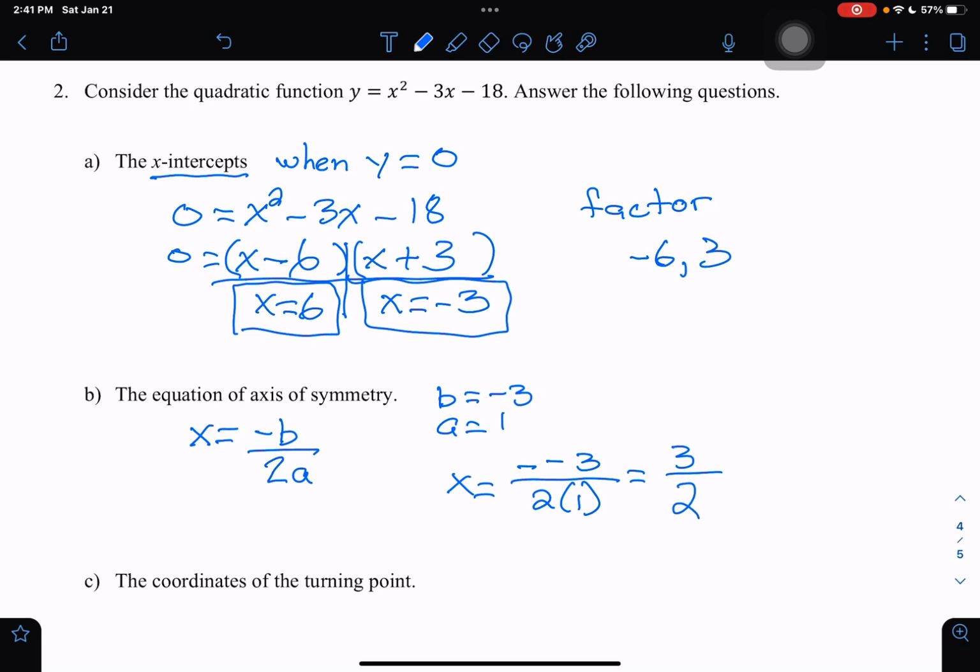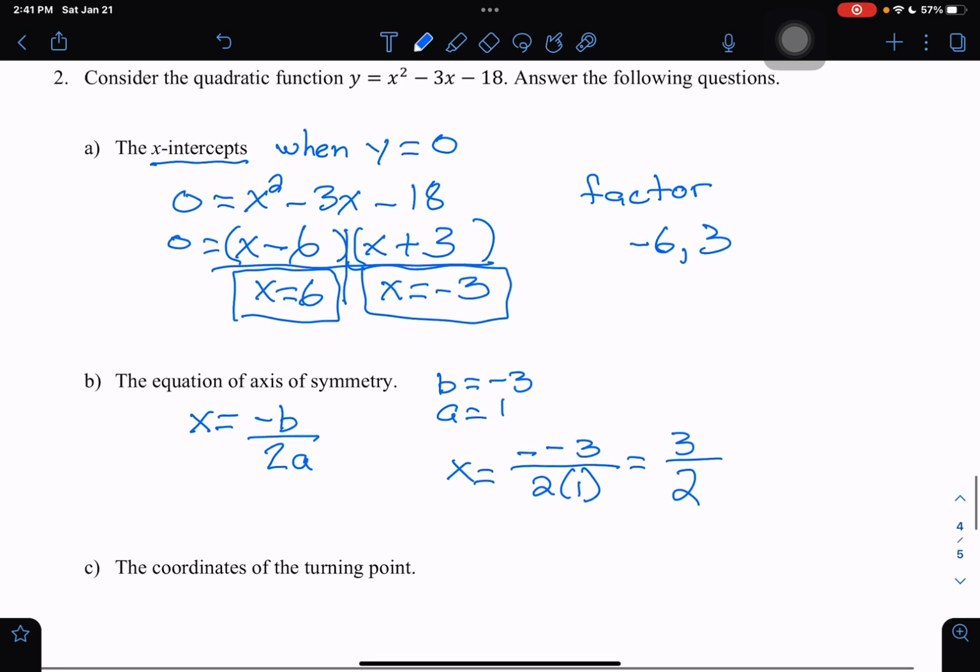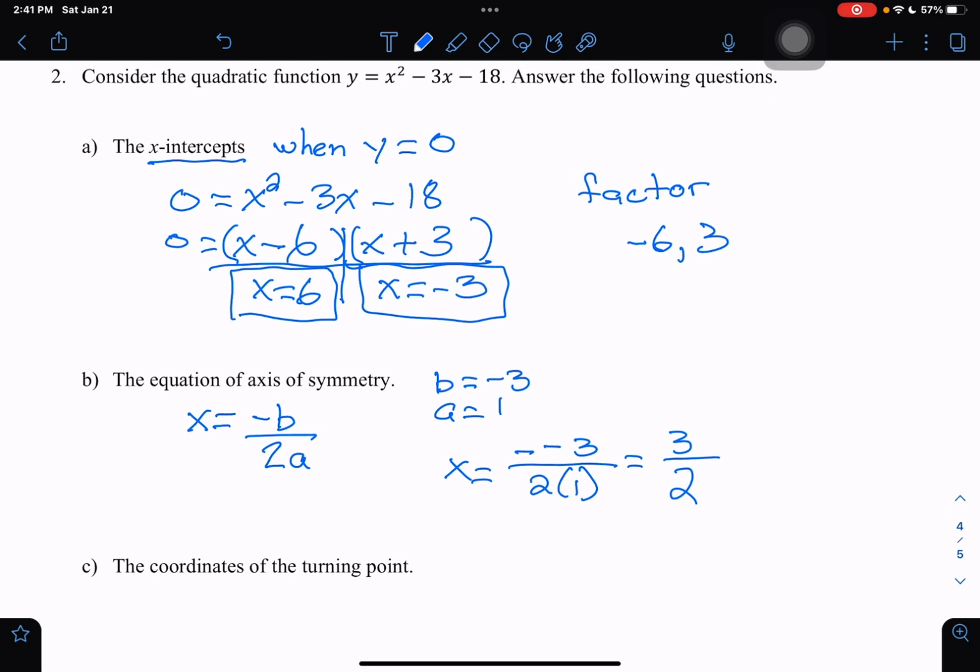Okay, so we have the x-coordinate. Now we want to find the y-coordinate. We have to plug it into y equals x squared minus 3x minus 18. And it's easier in your calculator if you just change this to 1.5, because if you do a table, it's between 2 points, and you'd have to figure out where it is.